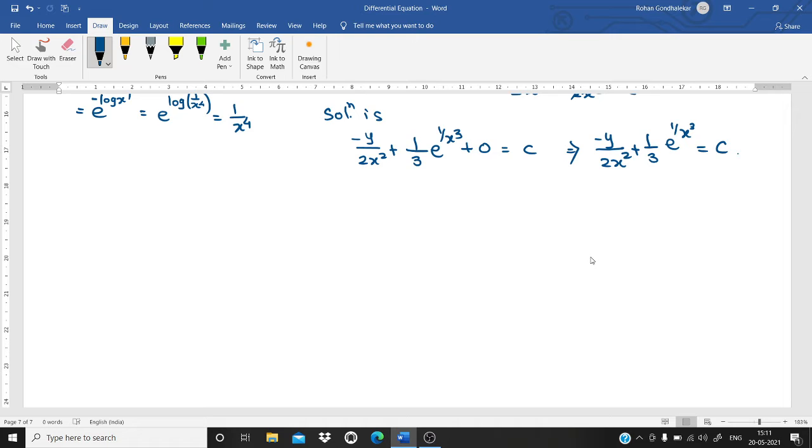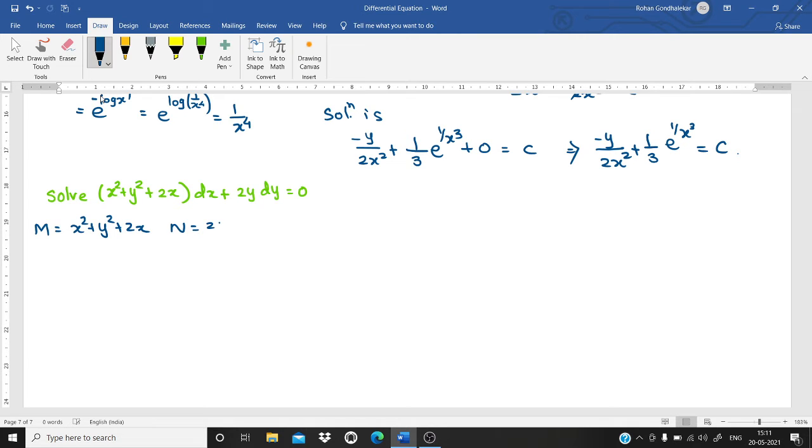Okay, so the differential equation is: solve (x square plus y square plus 2x) dx plus 2y dy equals 0. What is M in this? M is x square plus y square plus 2x.